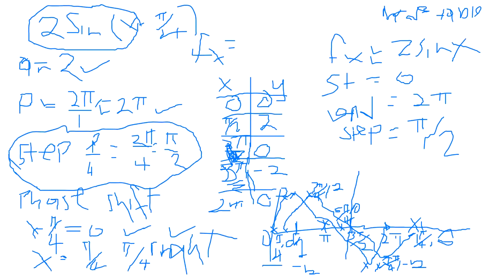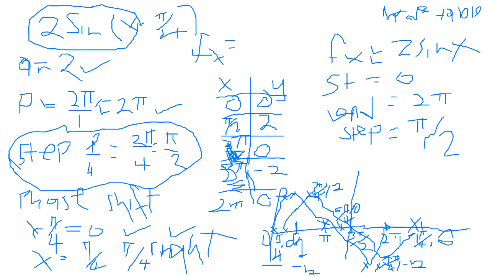I don't understand, let's say when the question says you must also include the phase shift, how do I know how to implement it in the graph, in terms of moving it to the right or to the left? Do you understand how we calculate the phase shift? Yes, I understand.